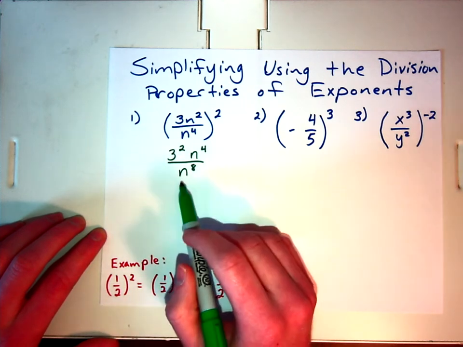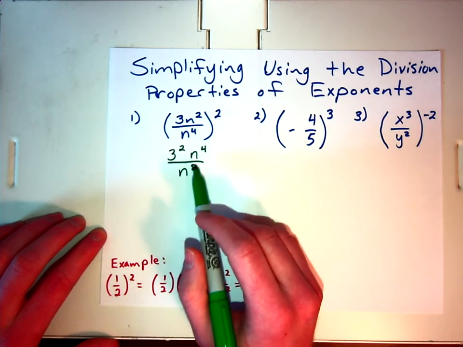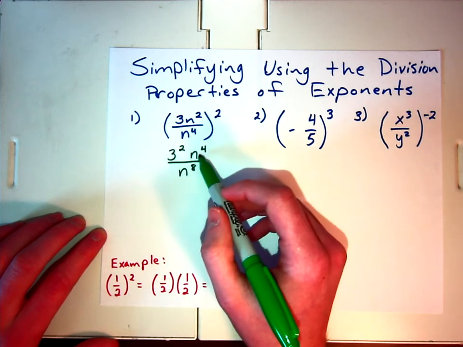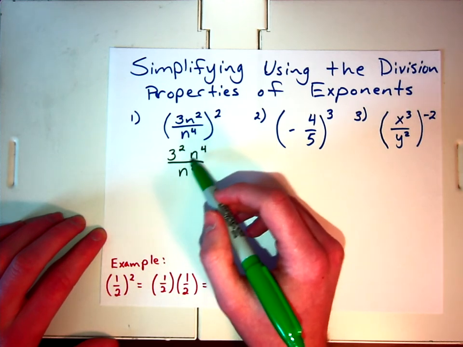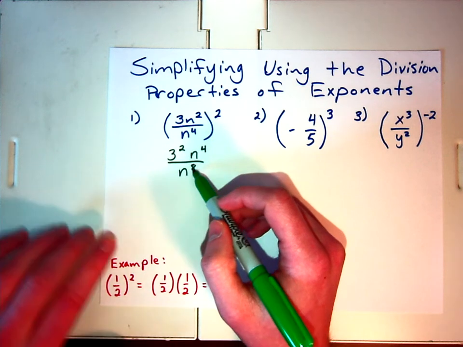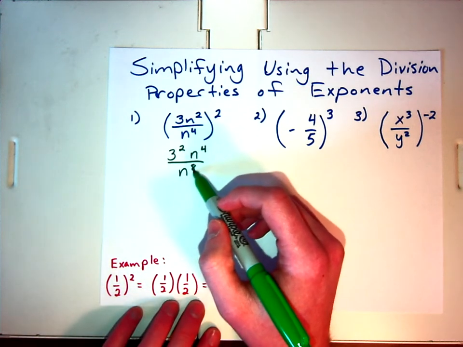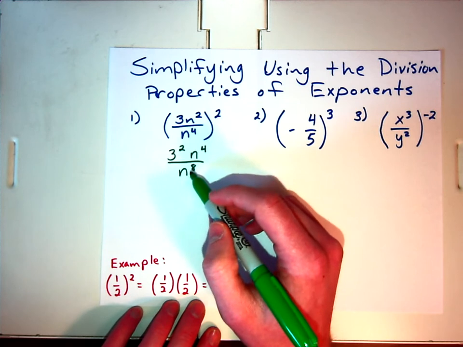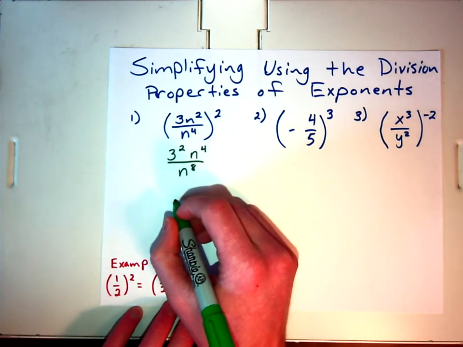Now, we look at it and say, can we simplify this at all? Well, we have the base n in the numerator and the denominator, and if we have to eliminate these, we can get rid of them. n to the 8th power is larger than n to the 4th power, so my n is going to end up in my numerator.